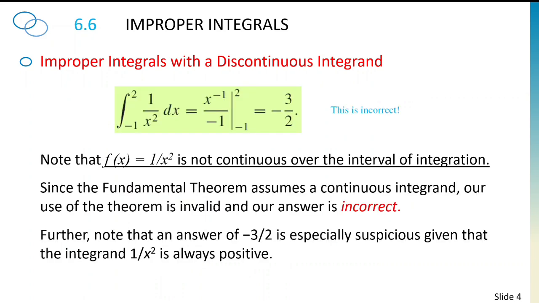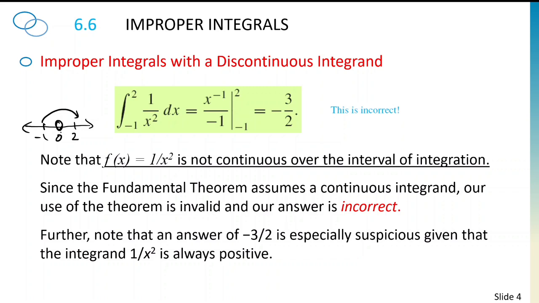The integrand here, 1 over x squared, is discontinuous at 0, which is within this interval. We're finding the integration from -1 to 2, but it has an issue at 0.